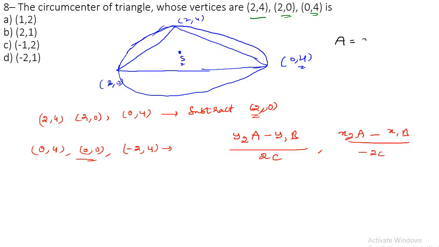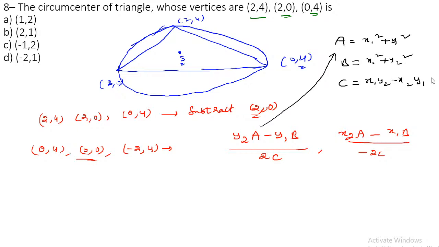A is x1 square plus y1 square. Similarly, b is x2 square plus y2 square. C is x1 y2 minus x2 y1. So now what is x1 y1 and x2 y2? This is origin, we just neglect this, and this is x1 y1 and this is x2 y2.